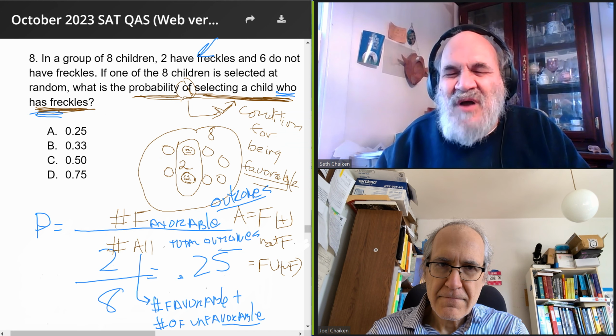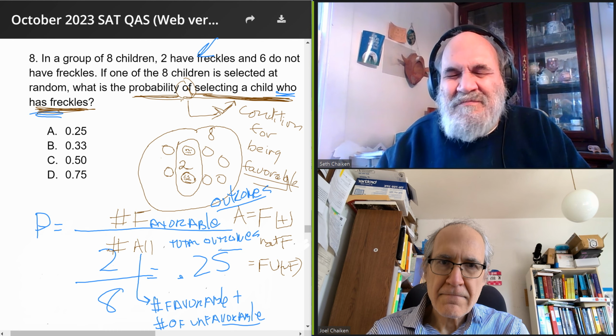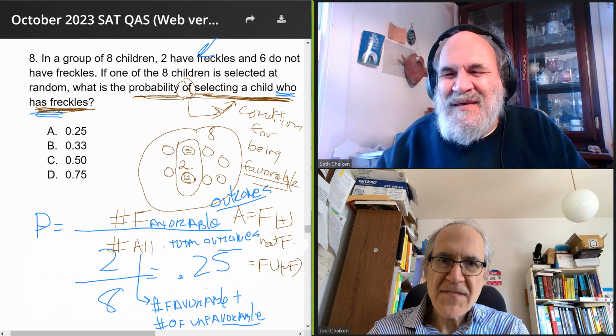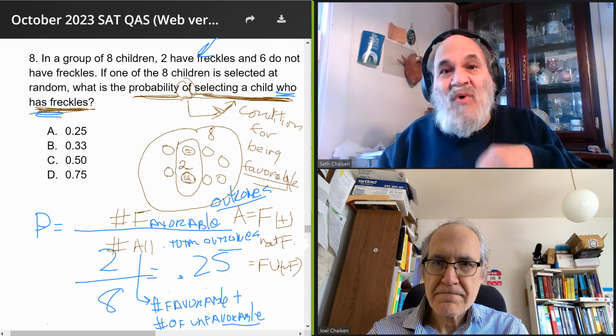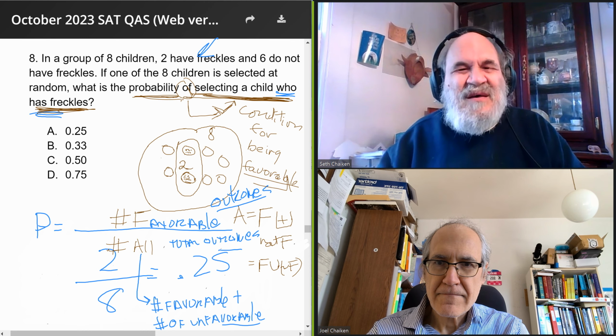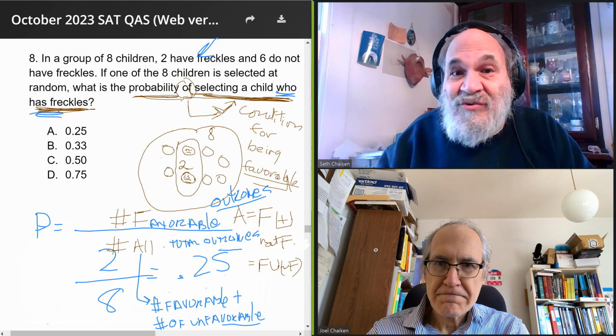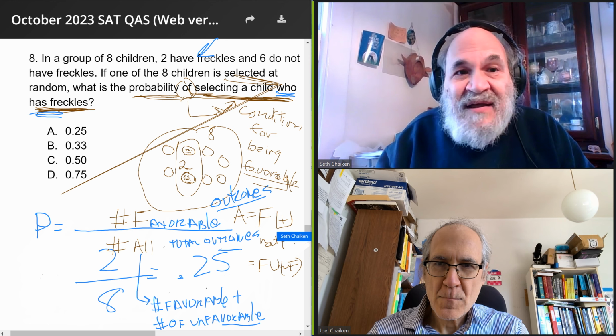the total number of things that are being sampled, and you have to know the number of those that are favorable. And that's the probability when the items are selected at random.